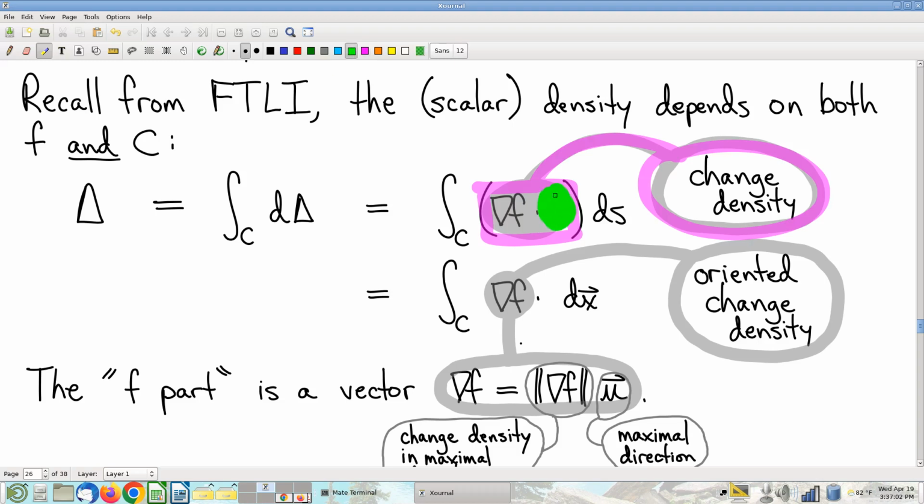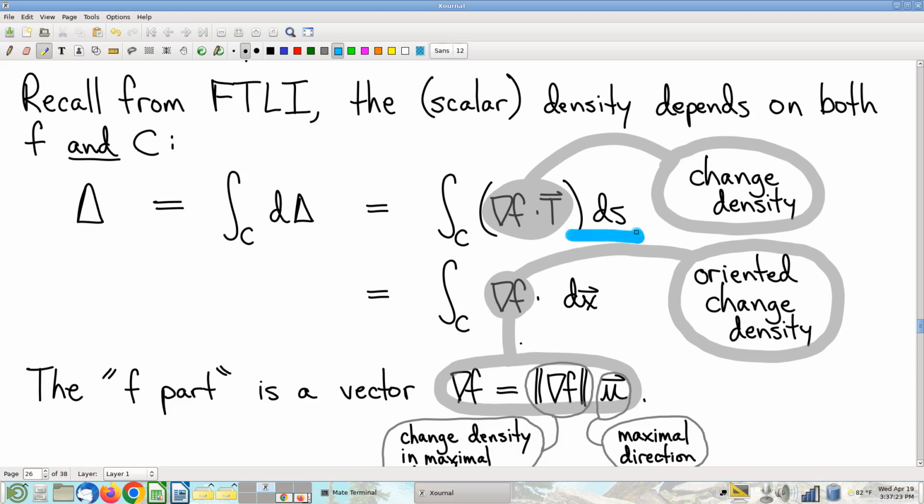There's that tangent vector, tangent to the curve. So the orientation contributes to the density in this old example as well. So this is not really unfamiliar territory. Now, the point of view that I took on this at the time, and I think this is a good point of view, I find this very satisfying.